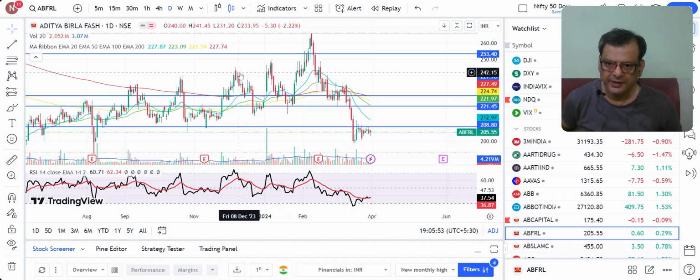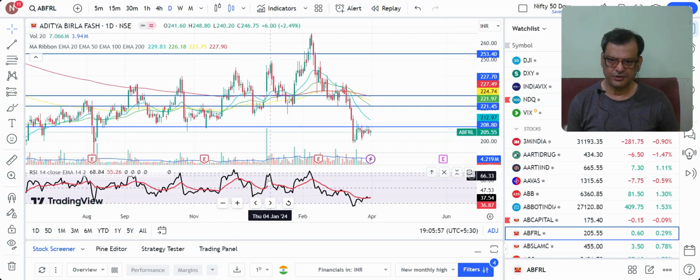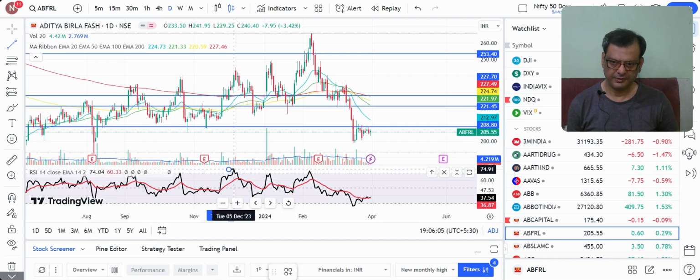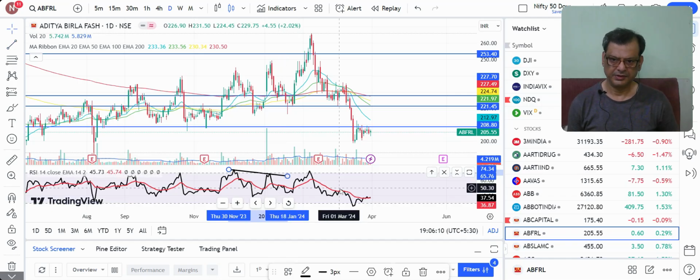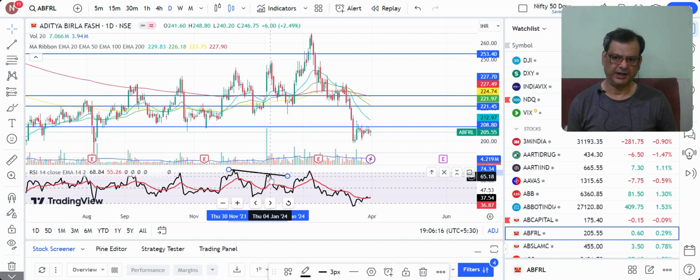But this is a higher high compared to this high, but RSI is not making a higher high than this high. So what you can do is you can draw a trend line here. This is a divergence, meaning that although price has made a higher high, RSI has made a lower high.